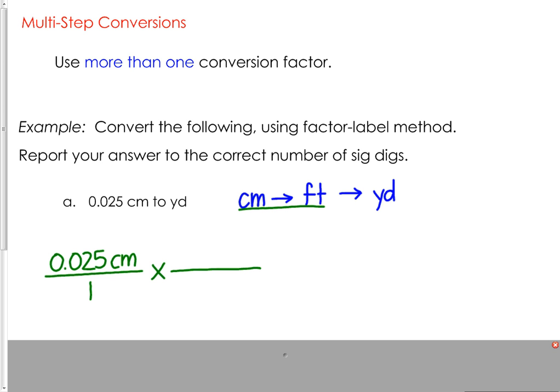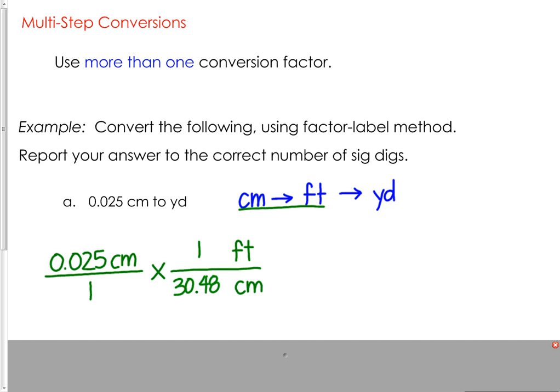To get rid of centimeters in the numerator, we write them down here in the denominator. To turn it into feet, we put that at the top. Using our conversion list, 1 foot is 30.48 centimeters.